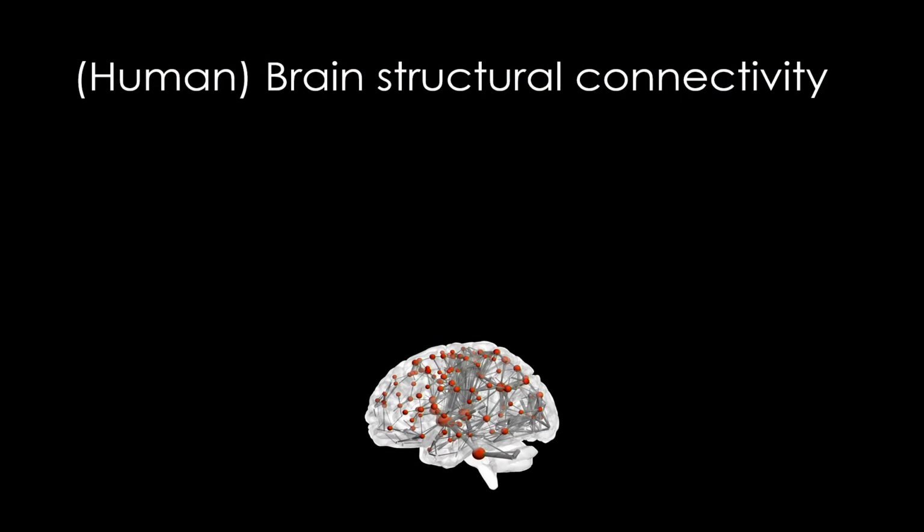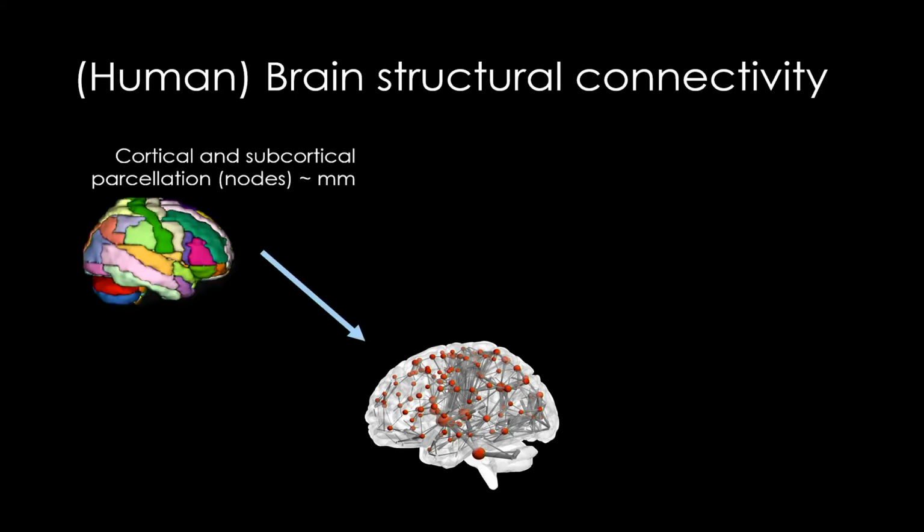As you have seen in the previous presentation, in order to simulate functional activity of the brain, we need essentially two different things. We have to parcellate, divide the entire brain, the cortex of the brain, into different regions, and these regions are generally called nodes.